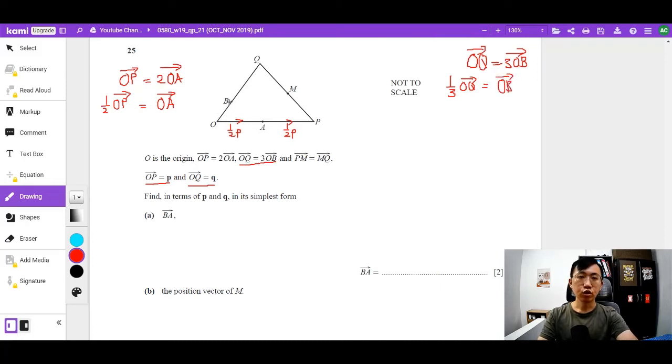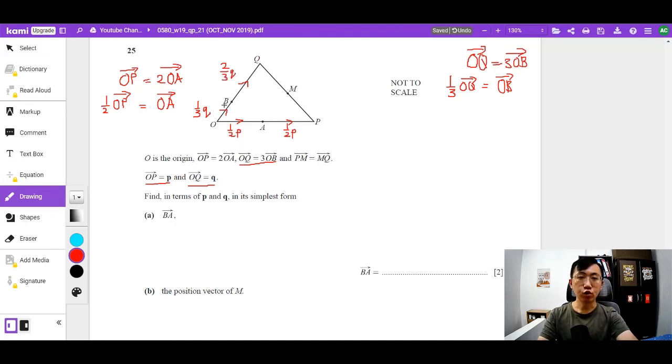Alright, so your OB, you label 1 over 3. And what is your OQ? OQ is Q, right? This whole thing is Q. So OB is 1 over 3, 1/3 of your OQ. So here the remainder from B to Q is going to be 2 over 3Q. Like that. So make sure you label the direction.